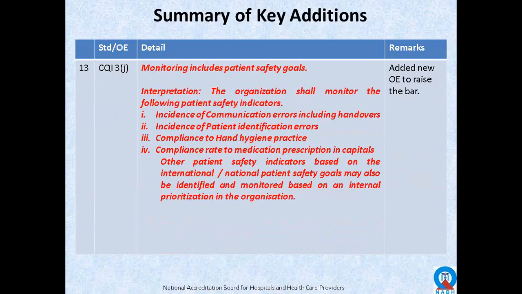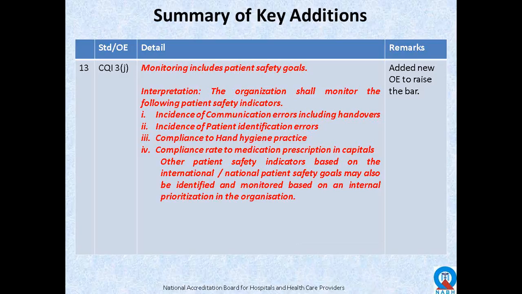Monitoring includes patient safety goals. This is a new objective element, and this is clearly to raise the bar. So patient safety goals have been added. Here, the organization shall monitor the following patient safety indicators: incidence of communication errors, including handovers; incidence of patient identification errors; compliance with hand hygiene practices; and compliance rate of medication prescription in capitals.